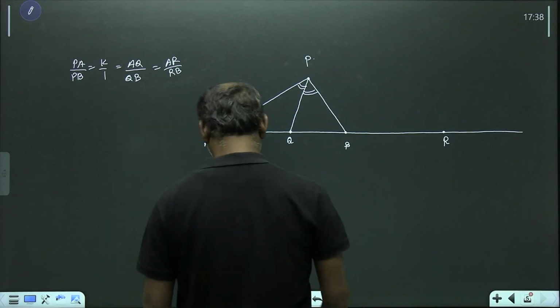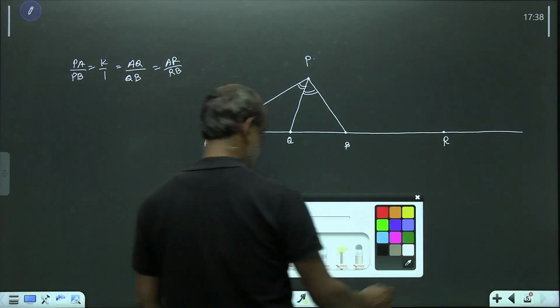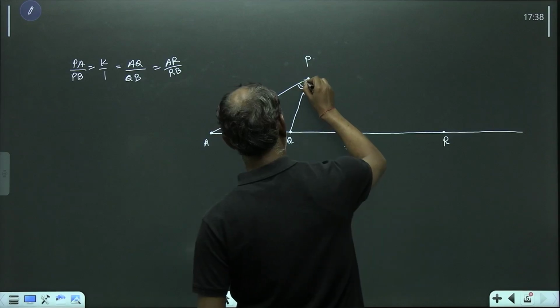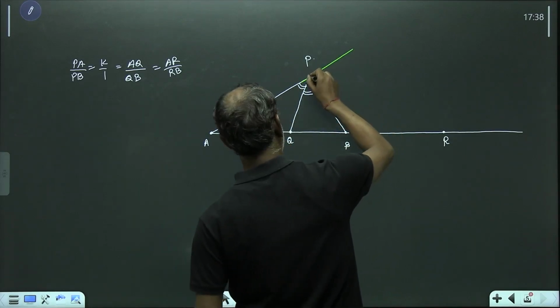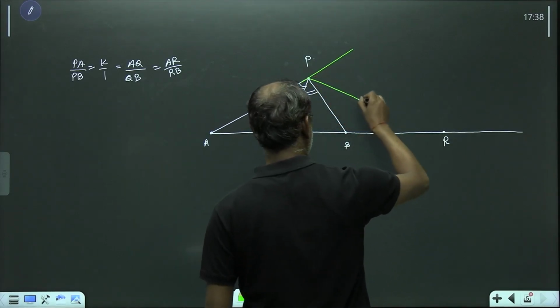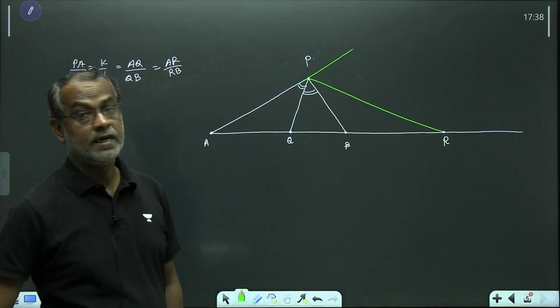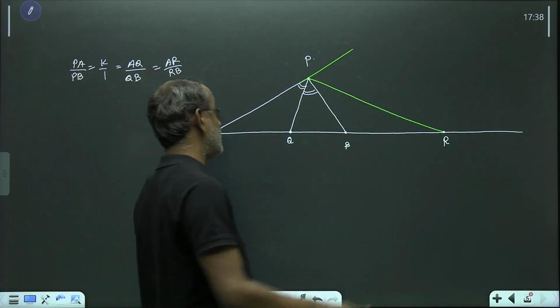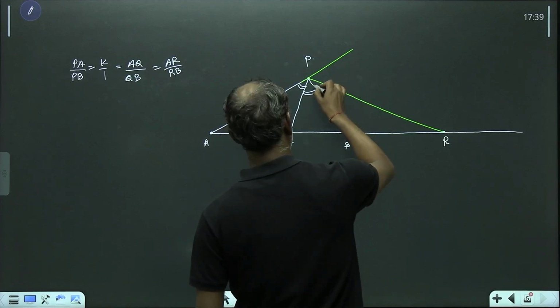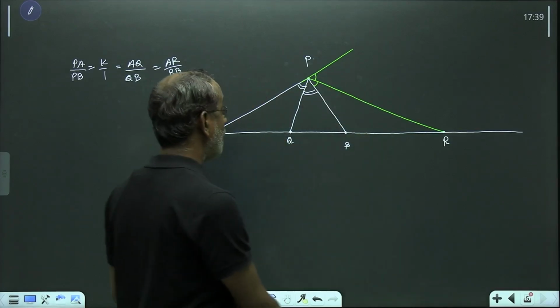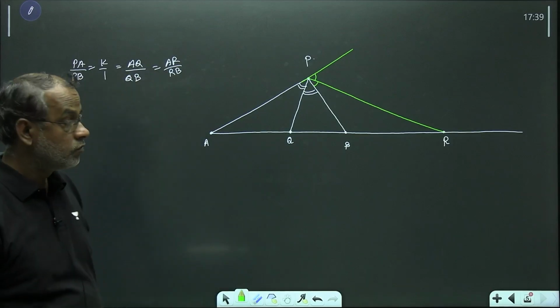In similar vein, we can extend and say that the external angle bisector divides the opposite side externally in the same ratio. Now, what do we know?